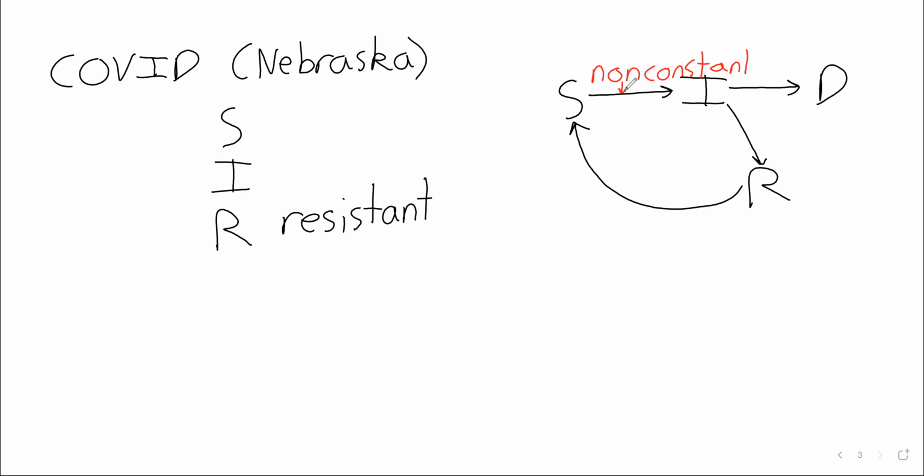And the probability of going from S to I, that is, the probability of getting COVID, was increasing very quickly.